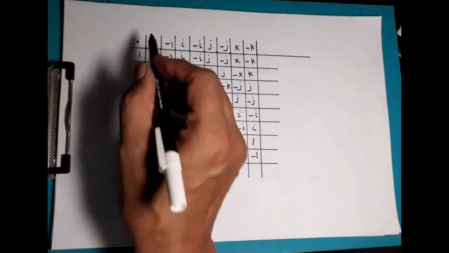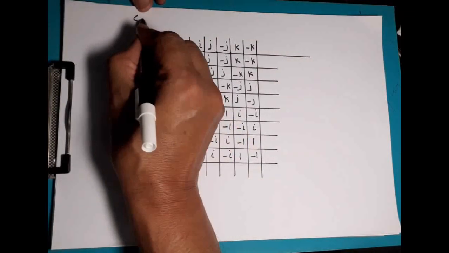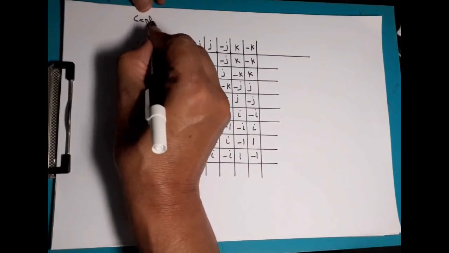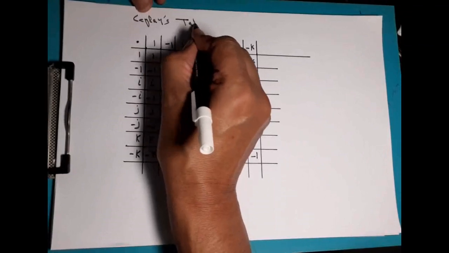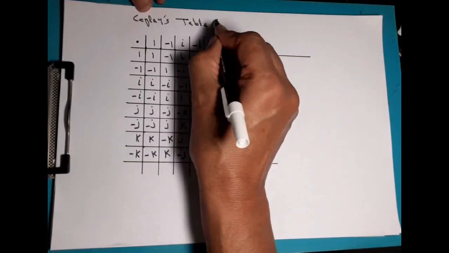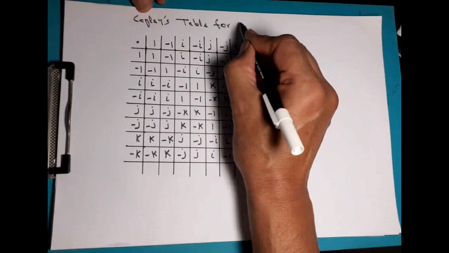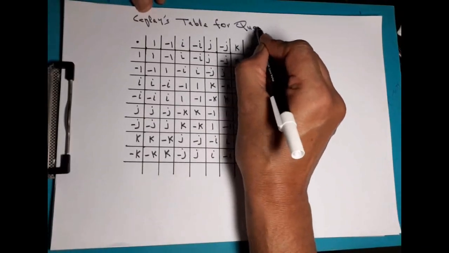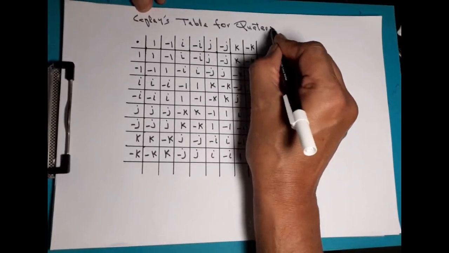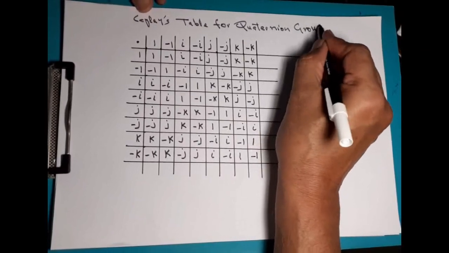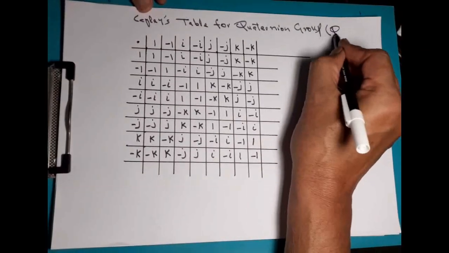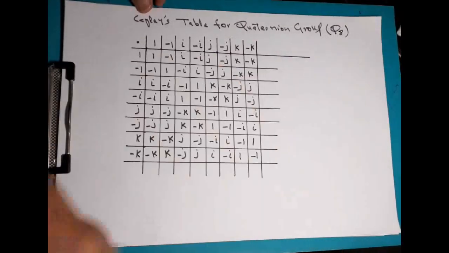So this is the Cayley table for the Quaternion Group, and we denote it by Q8 because there are 8 elements in it.